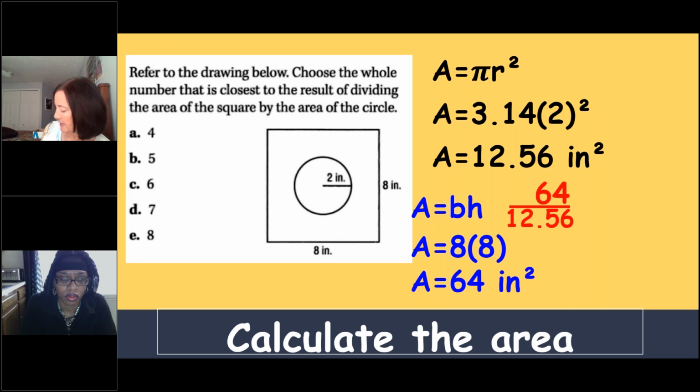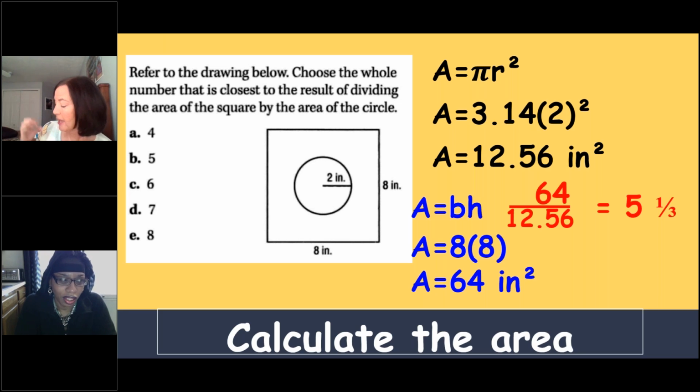Let me see. 64 divided by 12.56. You're correct. I put down 5 1/3. I came out with 5.3333 repeating, but you were actually correct. I think, was it Tashana that said that? Yes. Nice job.